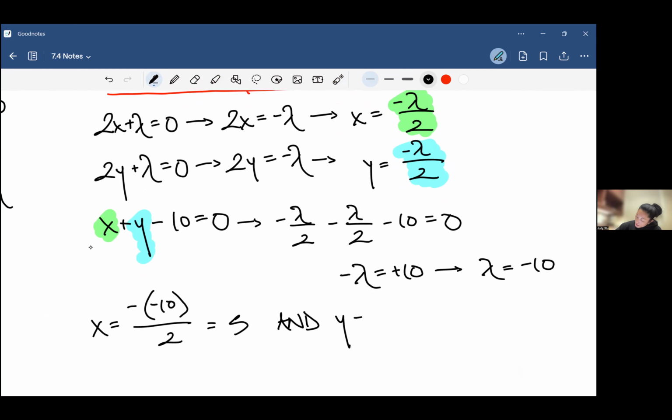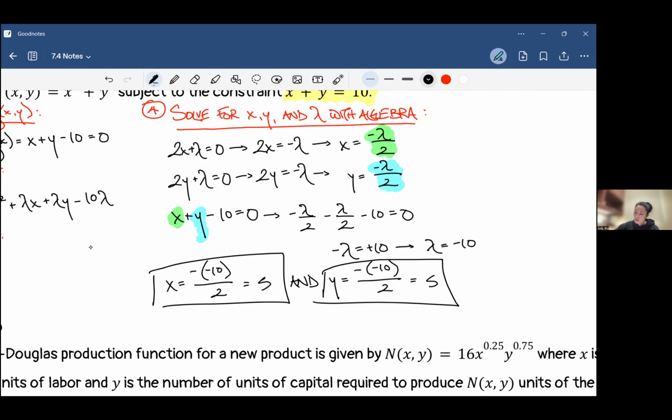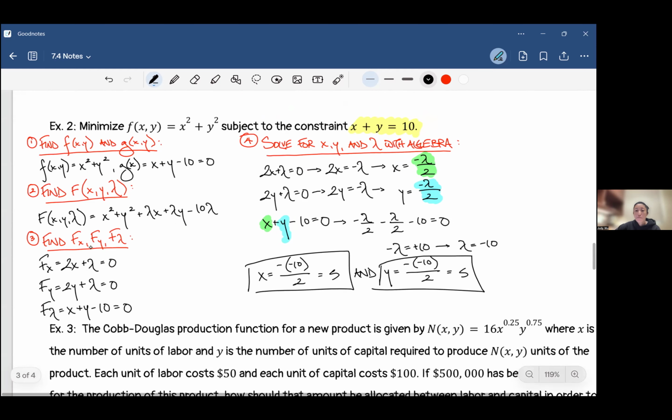And y is going to be negative 10 over 2, which is also equal to 5. So in this question, the x value is 5, the y value is 5, all right? It's okay for them to be the same value.